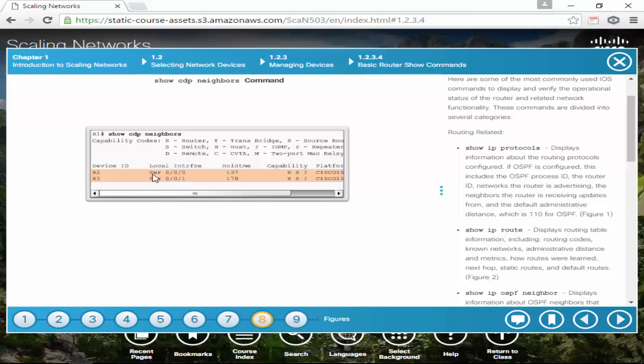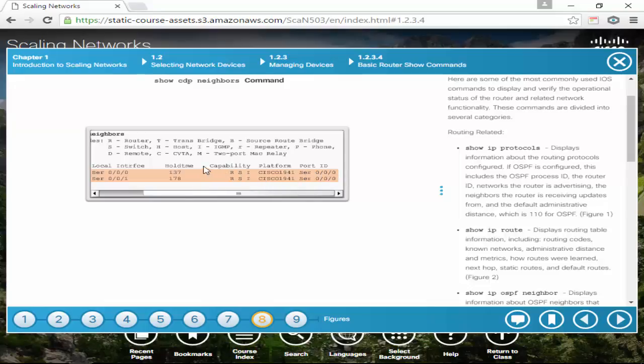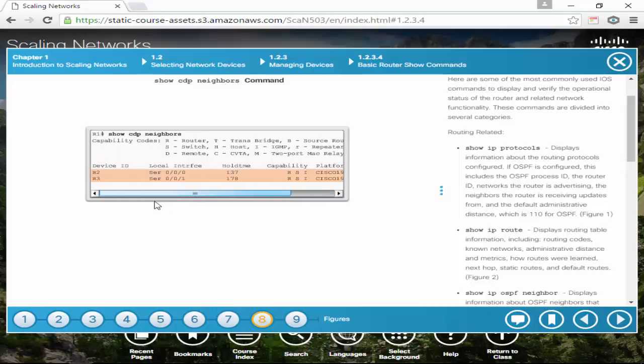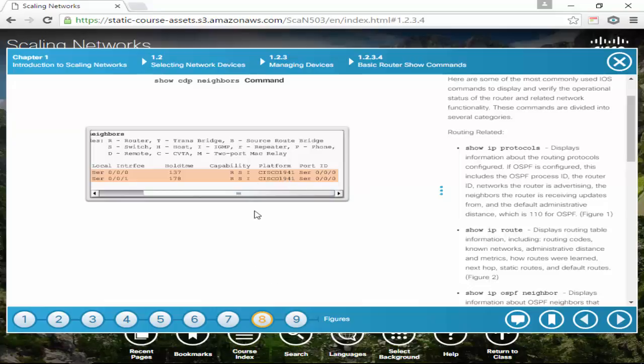The device name, what interface we are connected to them on, what interface we're connected to them with, and the kind of platform. And right here, if you read up here, it gives you the capability. So this one's a router. What's the S? Switch, and it supports IGMP. That must be a multi-layer switch. What is that? Cisco 1941. No, that's a router.